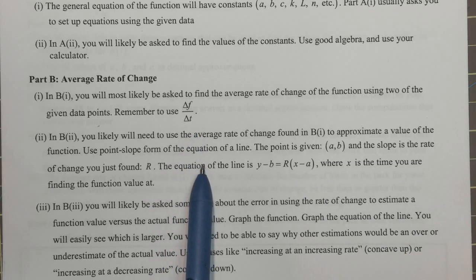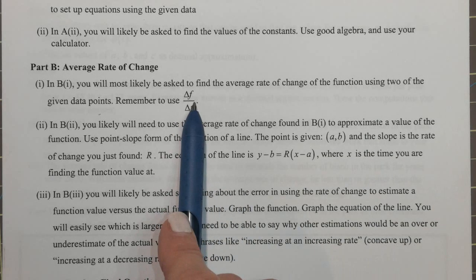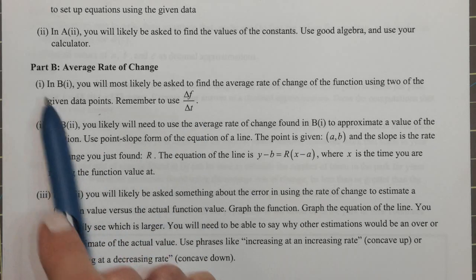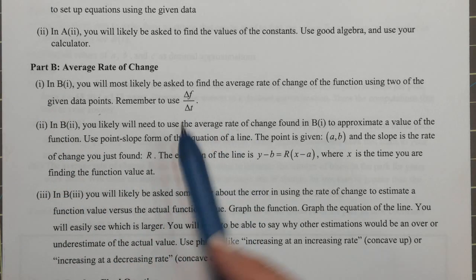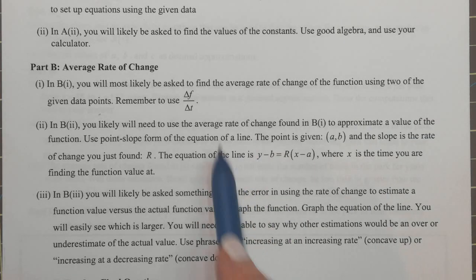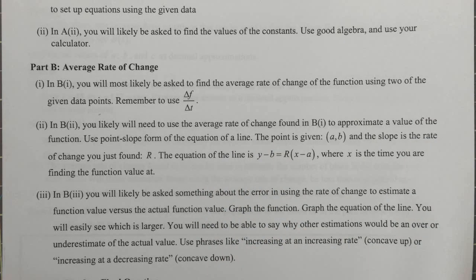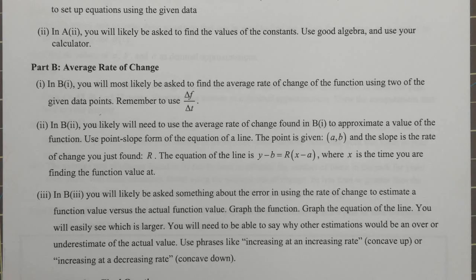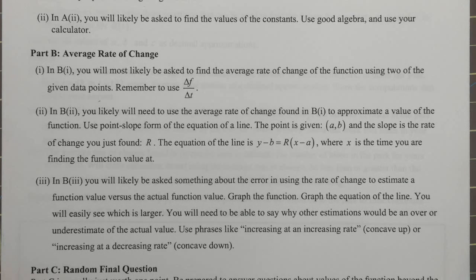In Part 2, you're going to be using the average rate of change you found in Part 1 somehow. They will tell you how to use it. I'll let you read through that on your own. In Part 3 of Part B, they will ask you usually something about the error.